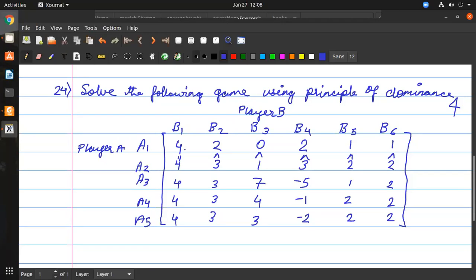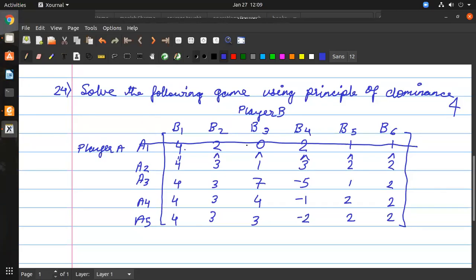Whatever strategy B is using, it doesn't make any difference. Your strategy 2 is better than your strategy 1. Did you get my point? Yes, sir. So can I say that this strategy will never be used? If it is never being used, can I eliminate this?